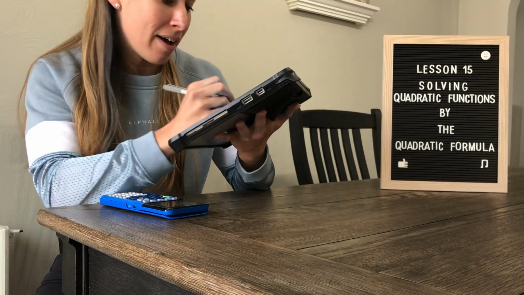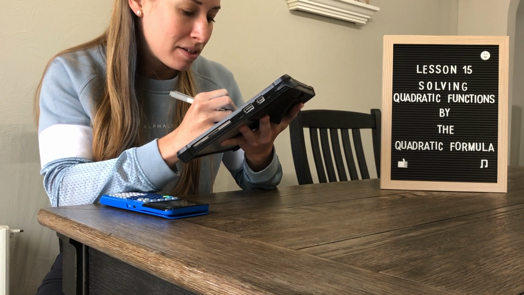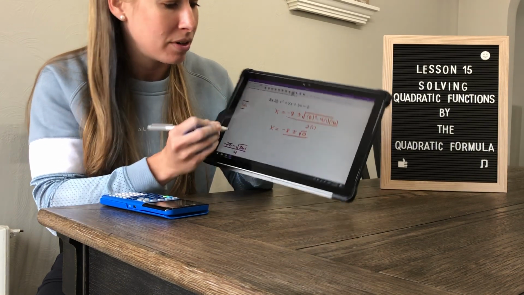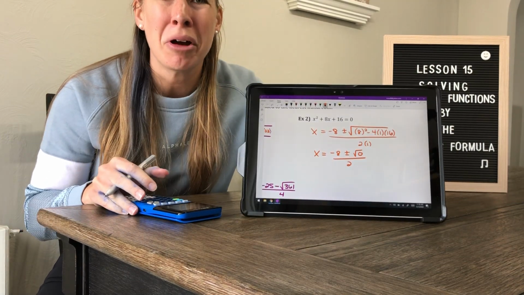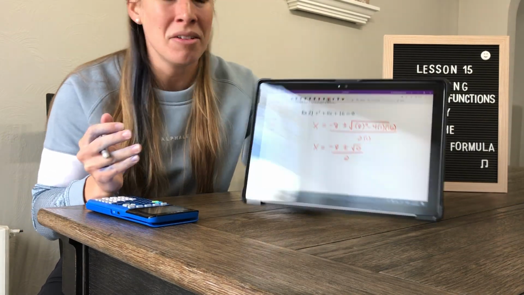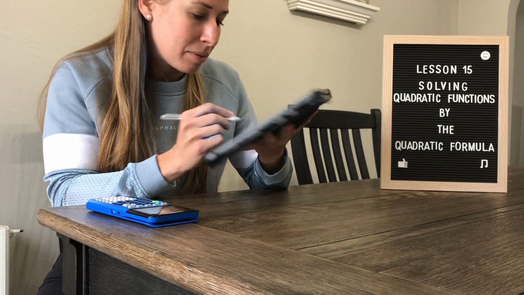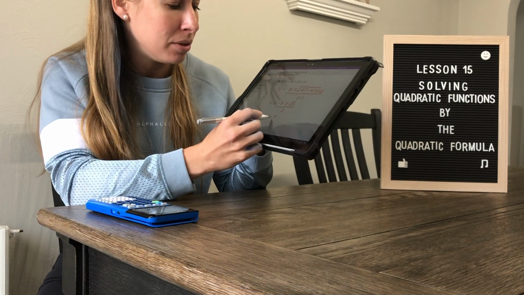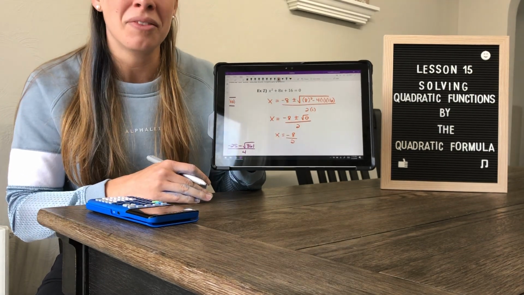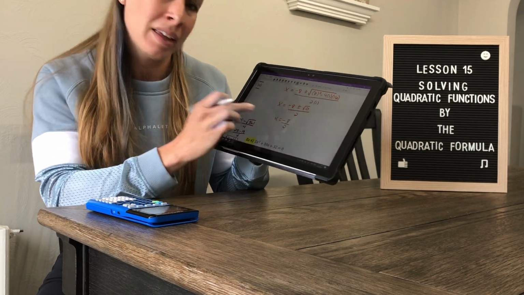So we have x equals negative 8 plus or minus the square root of 0 all over 2 times 1, which is 2. What's the square root of 0? 0. So really, x equals negative 8 plus or minus 0, but we don't need to write that part, and then divided by 2. What's negative 8 divided by 2? Negative 4.